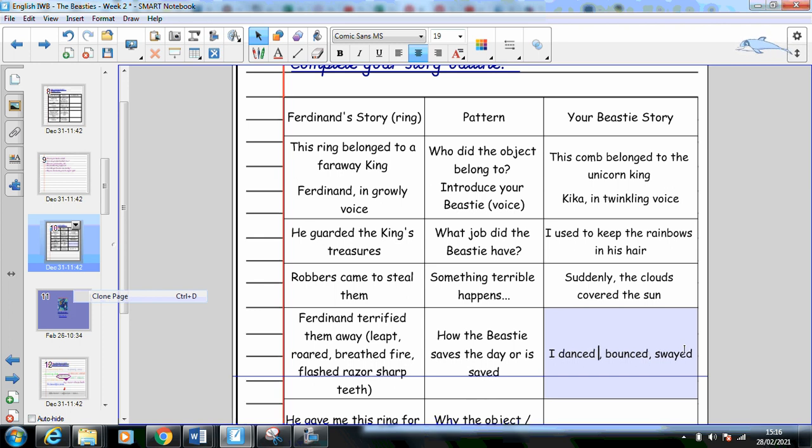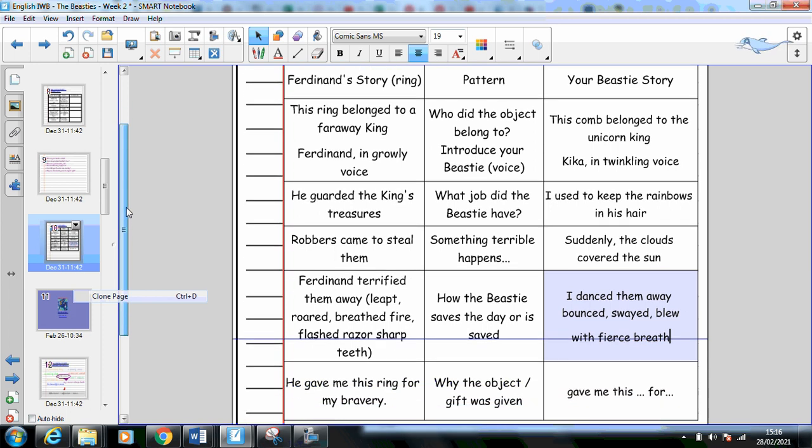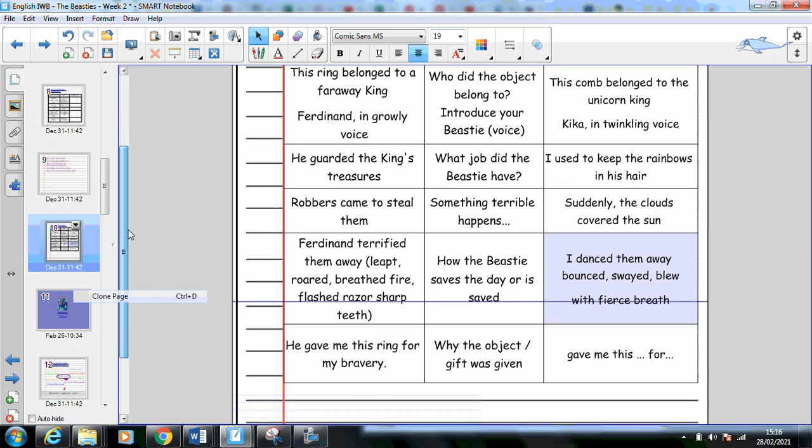Danced, swayed, bounced, swayed, and blew with fierce breath. So I think I'm starting to imagine Kika might be some sort of a little dragon to have fierce breath.